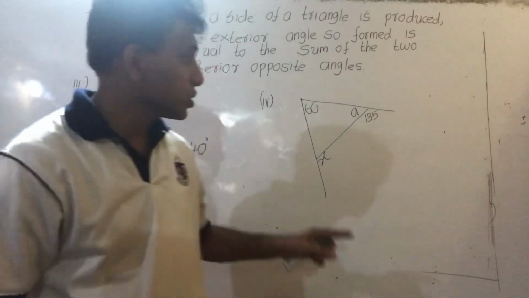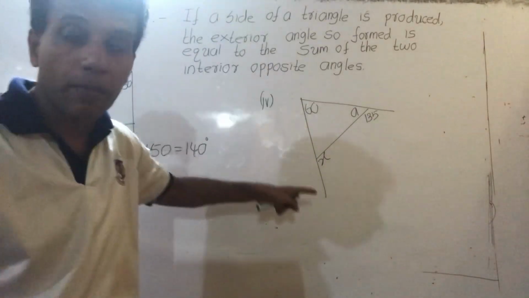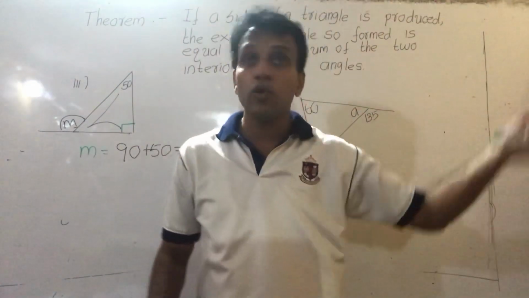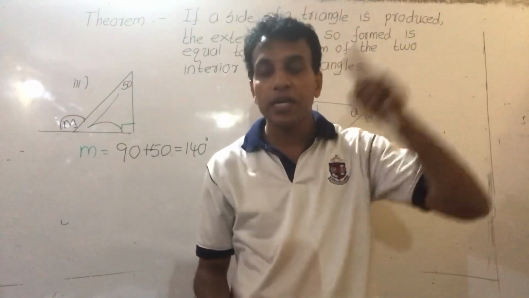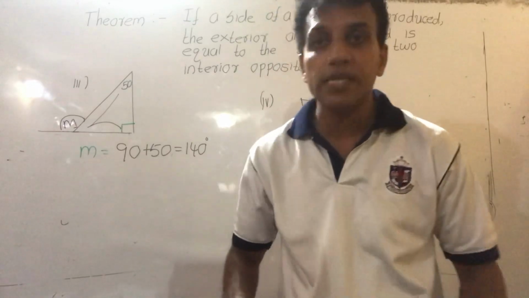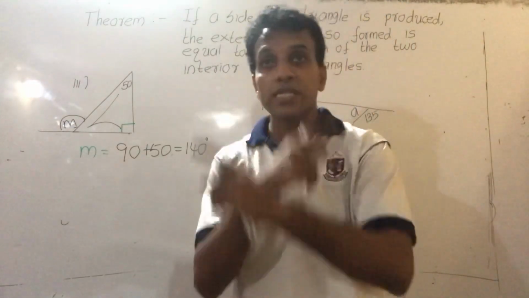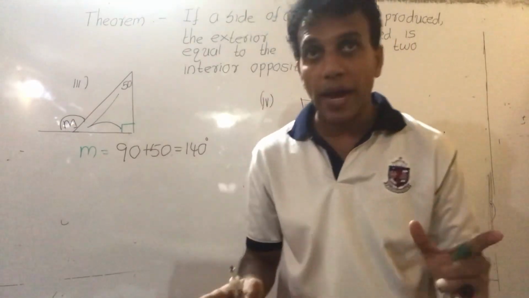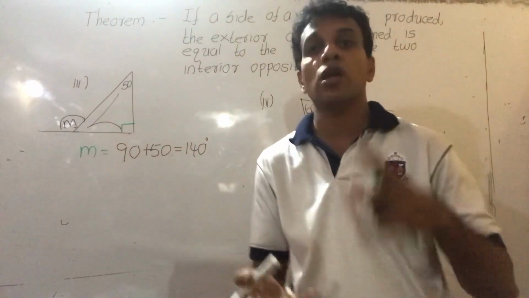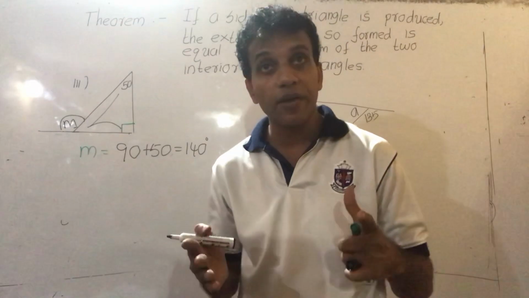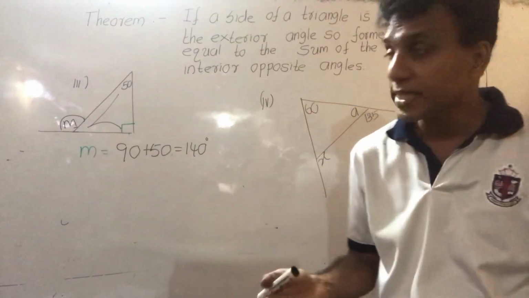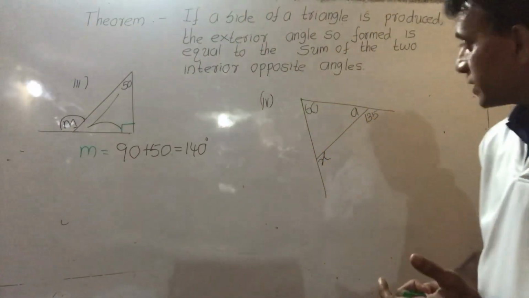When we work on questions under this theorem, don't forget what you learned: a straight line is 180, three angles of a triangle sum to 180, vertically opposite angles are equal. When lines are parallel, alternate angles are equal, corresponding angles are equal, co-interior angles sum to 180. Don't forget those things.